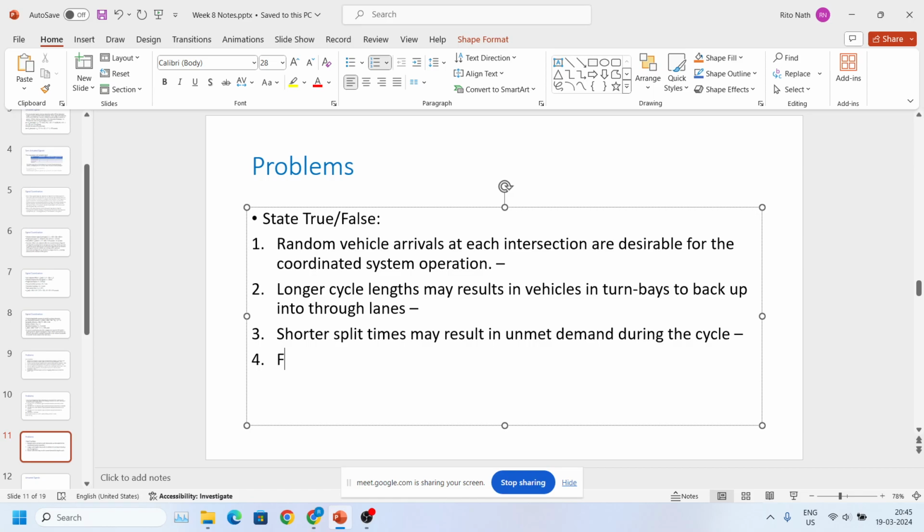Then you have: force off is the time at which control is returned to coordinated cases. I think these are also directly from the slides. So let's see what could be the answer to this.